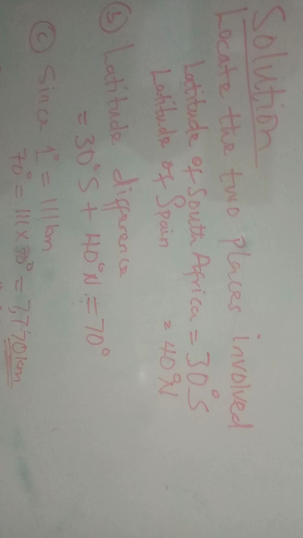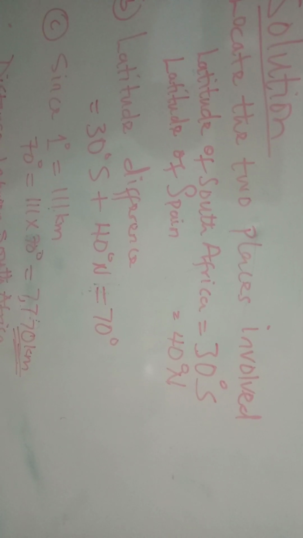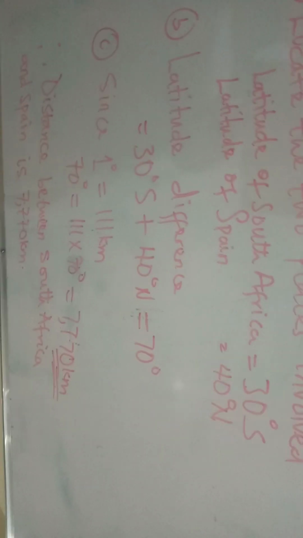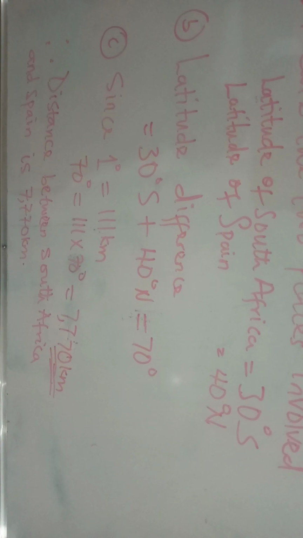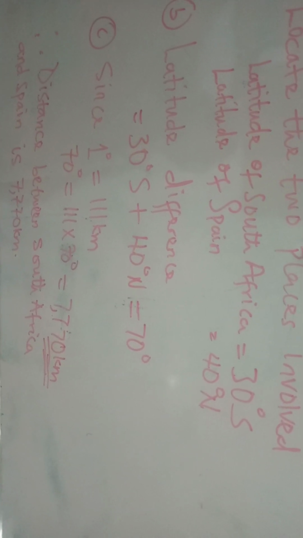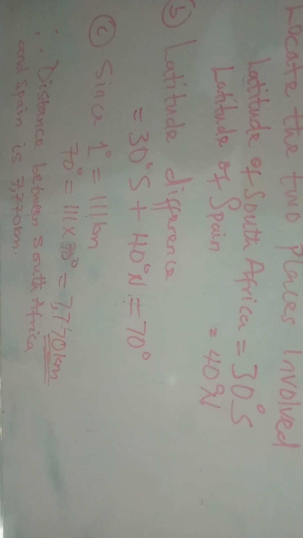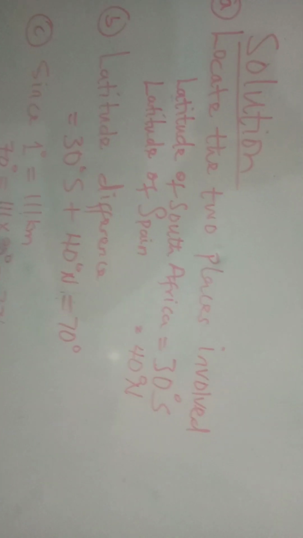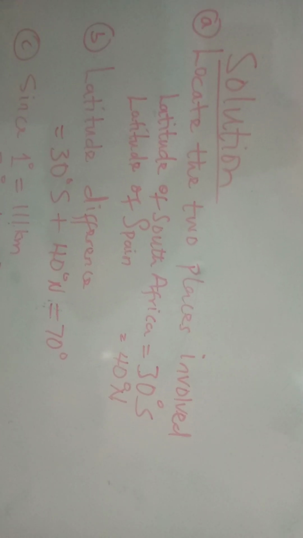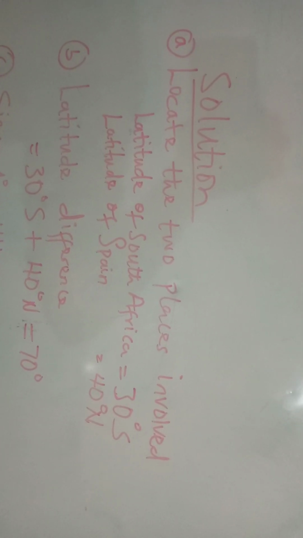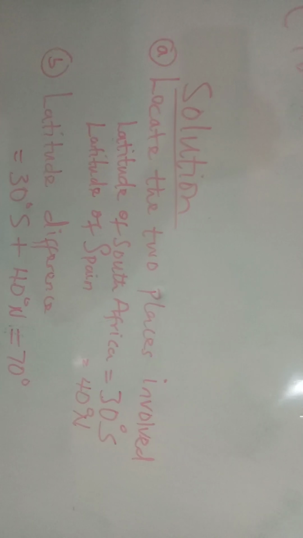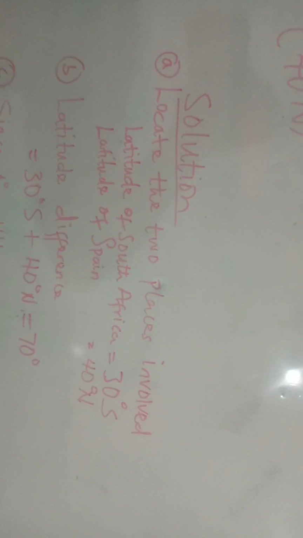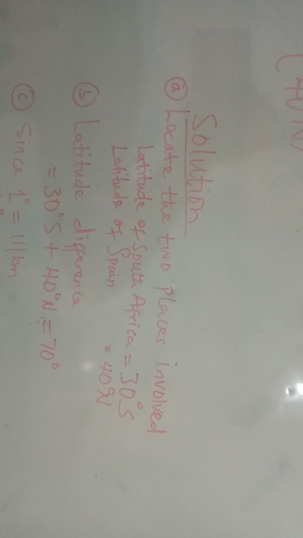That's why we have 7,770 kilometers. Therefore, the distance between South Africa and Spain is 7,770 kilometers. So for any question where you are asked to calculate the distance between two places using lines of latitude, these are the procedures.